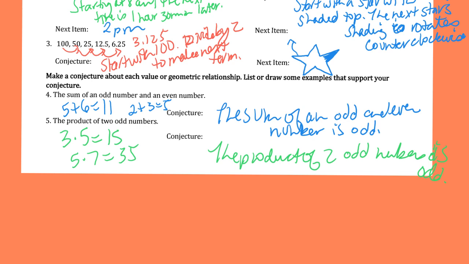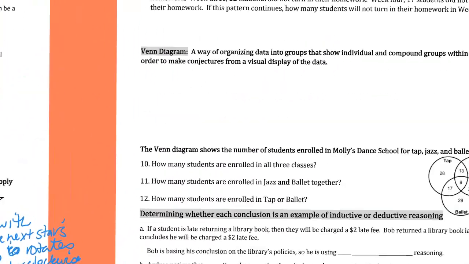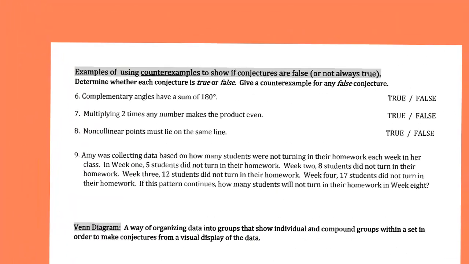And so if you look at the next 2 questions that we have here, they're going to say, hey, are these true or false? And if they're false, can you give a counterexample to prove it wrong? Like if I say, oh, everyone in my class is 6 foot tall. We're like, let's measure this kid. This kid's only 4'8". And you're like, oh, okay. So that's a counterexample to disprove your statement that says everybody does this.